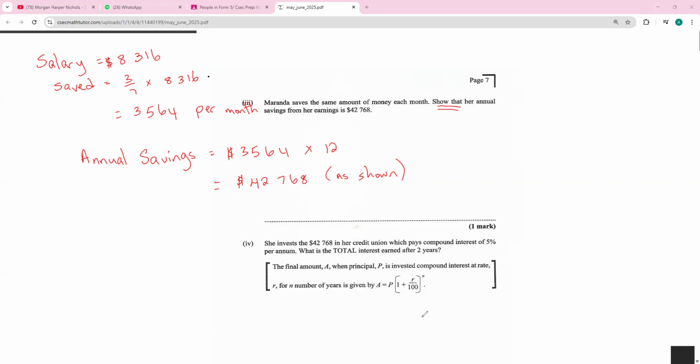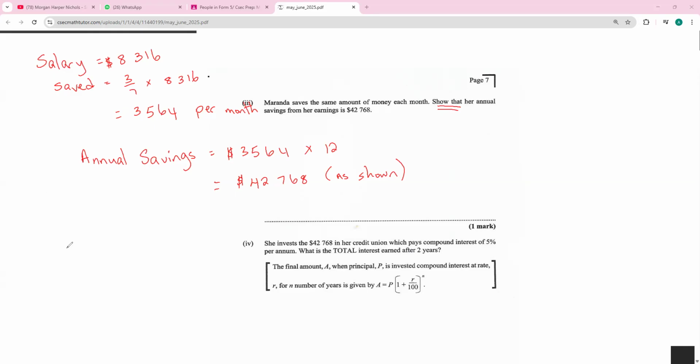Right, so they could give us the formula, which they did. And if they gave us the formula, then it's going to be easy squeezy, just plotting in the values. So let's go with this one.